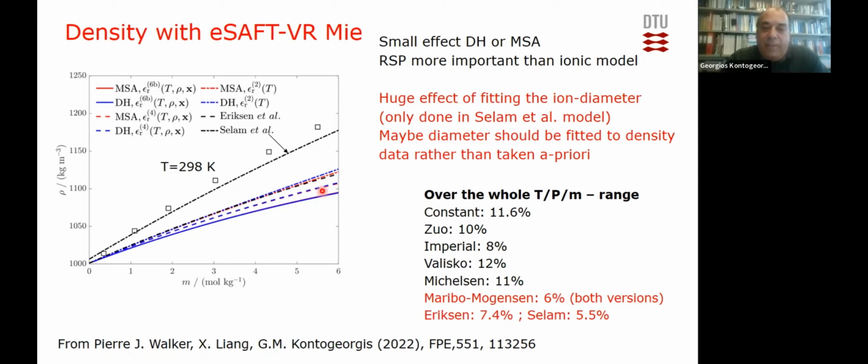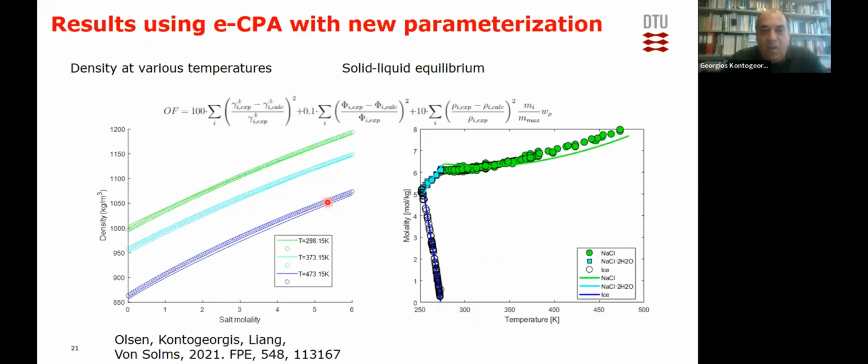And the third conclusion from this slide, that will become more evident later, is that the dielectric constant expression, the relative permittivity expression, can be very important in some of those calculations, even more important compared to which ion-ion theory we are using. This will become more clear a little bit later.